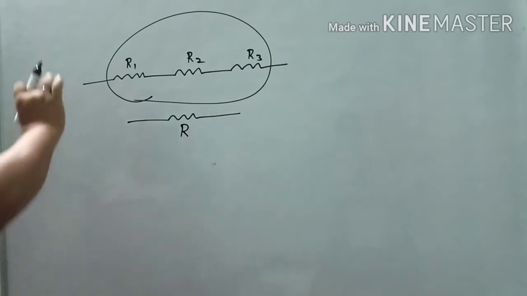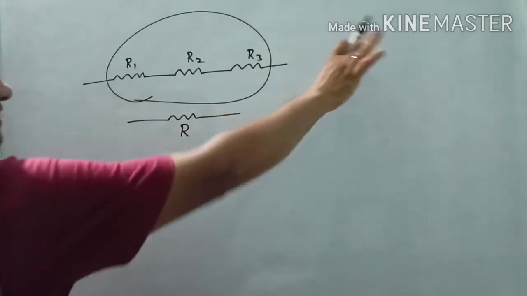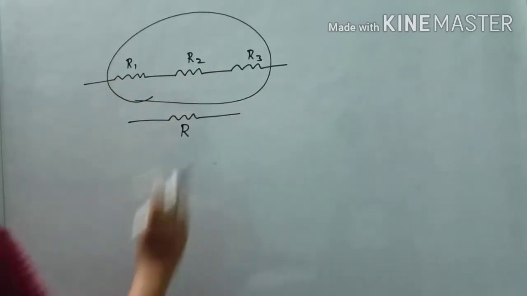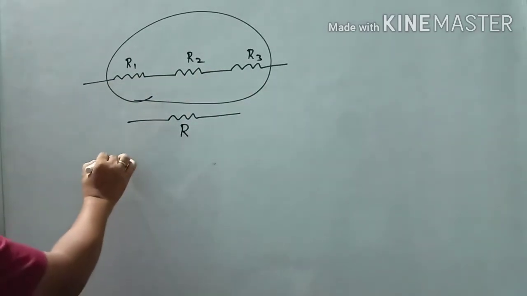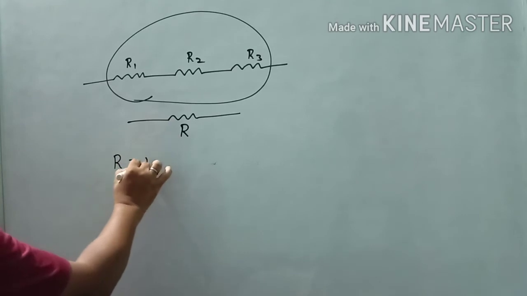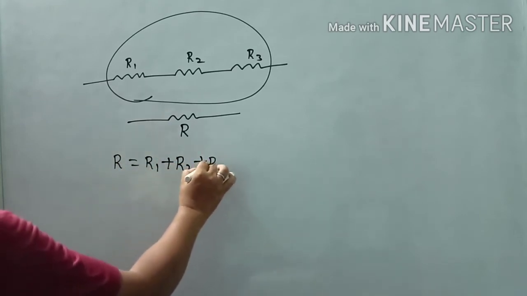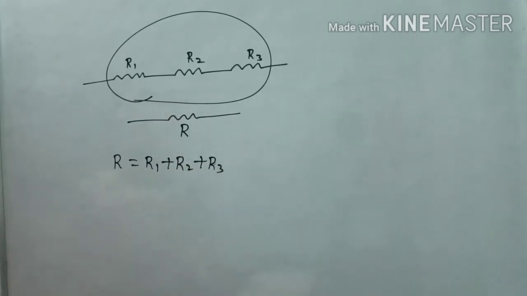You may consider more number of resistors, but here only three resistors I have taken. So what is the value of R? R is equal to R1 plus R2 plus R3. So instead of three resistances, you can use only one resistor.